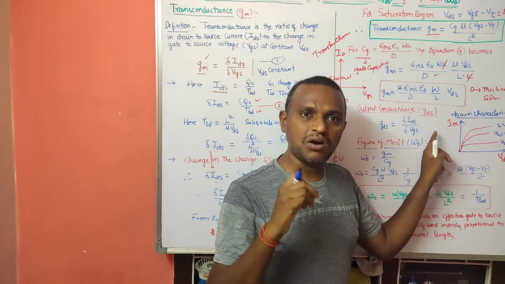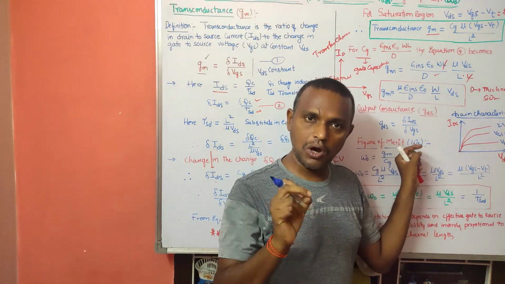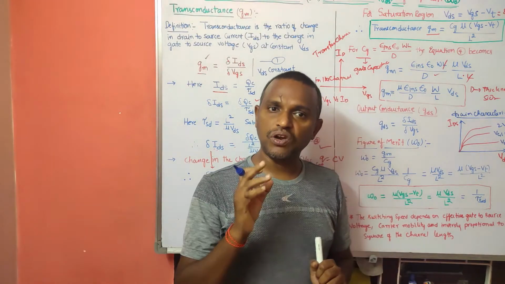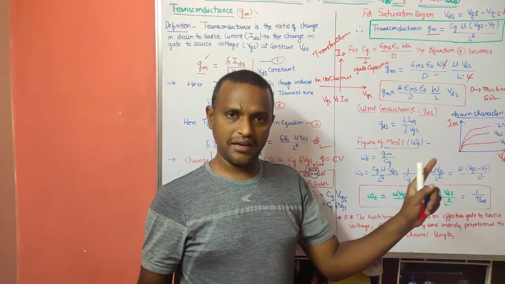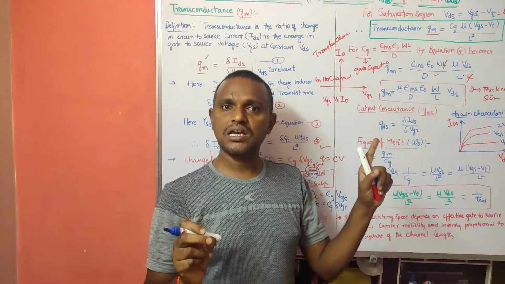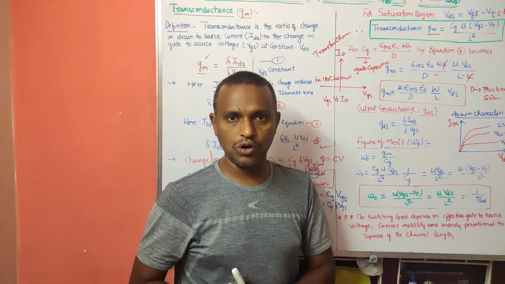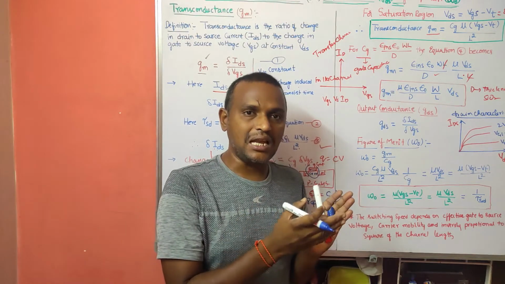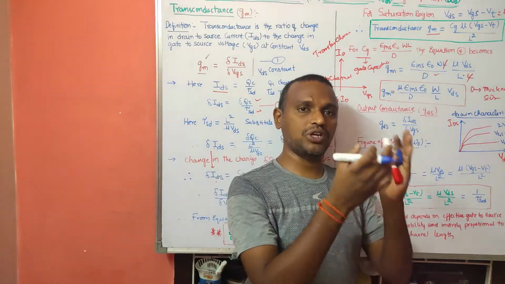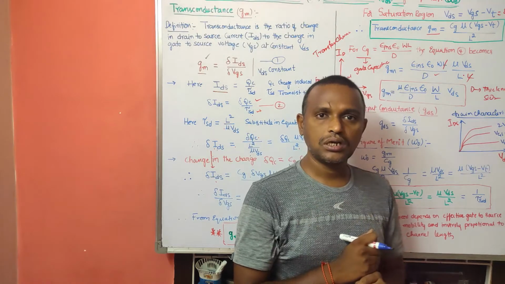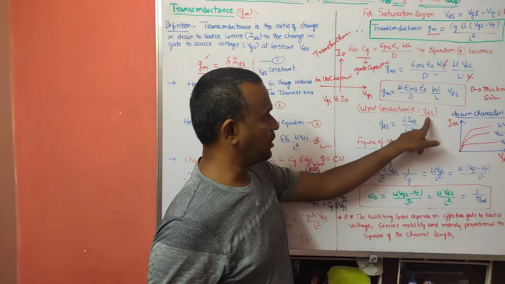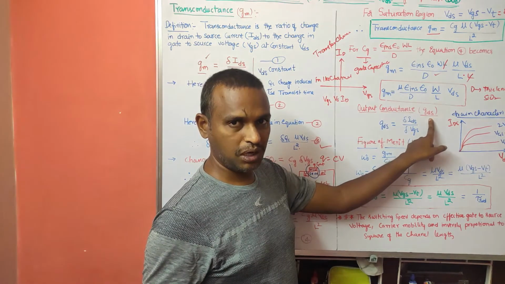Why is it called output conductance? Because the output characteristics are drawn between VDS and IDS at a constant value of VGS. That's why the conductance calculated from these characteristics is called the output conductance.